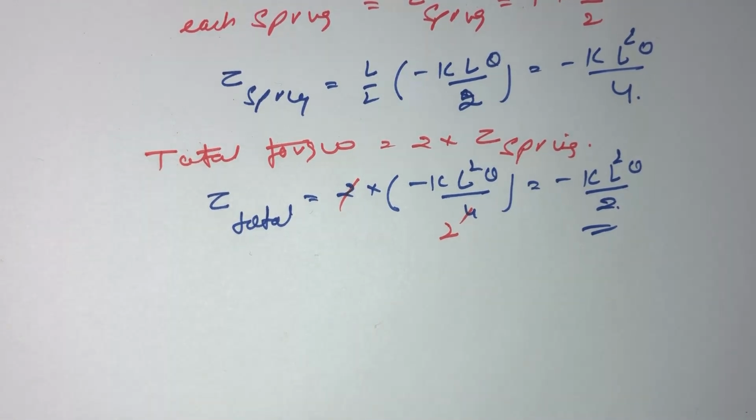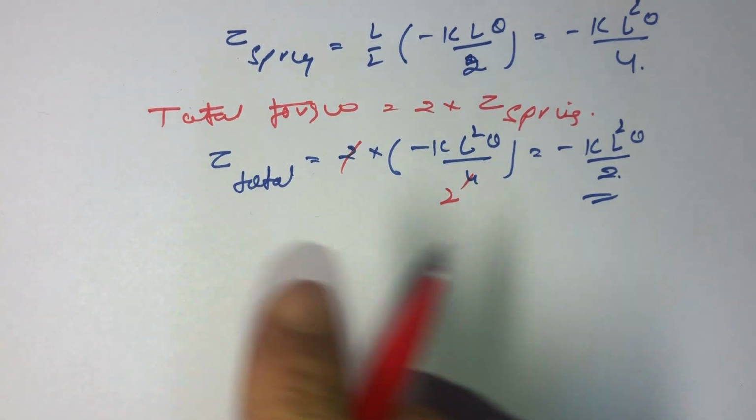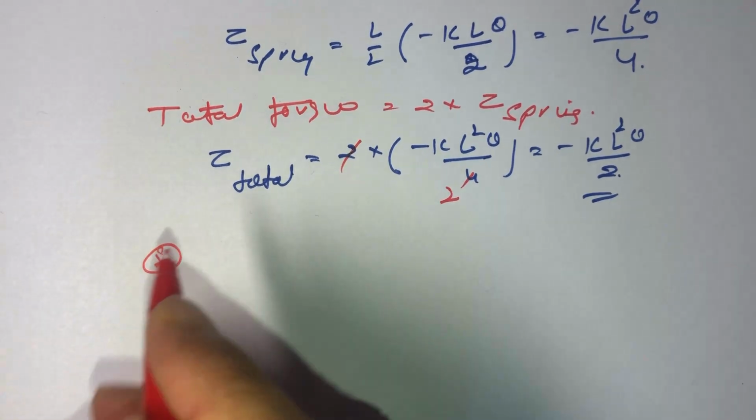Now this will be related to some rotational motion being introduced into the rod. So we can write the equation for the rotational motion.